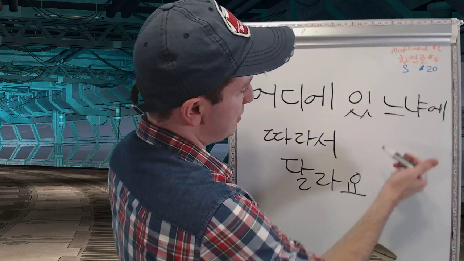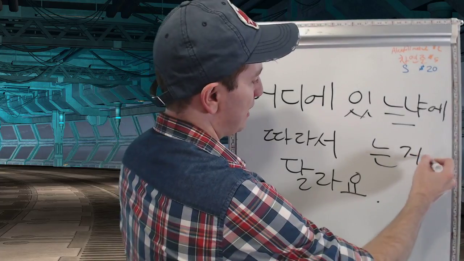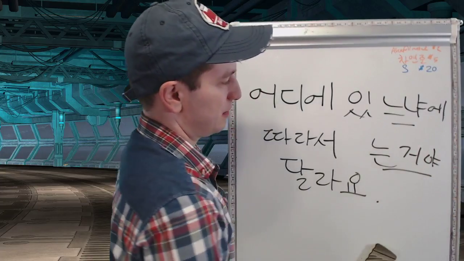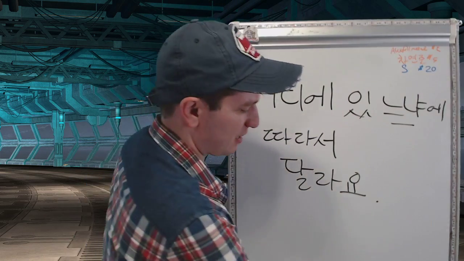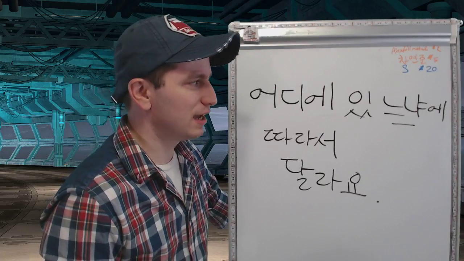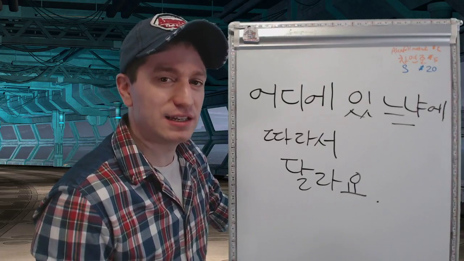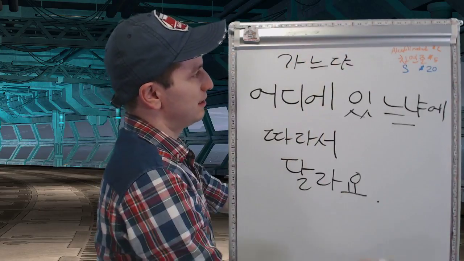This 느냐, you'll see it. It's an older ending. It's just a 는 거야 kind of ending, an older Korean form. Some songs use it, like the song Mountain Rabbit. 산 토끼 토끼야 어디를 가느냐. That's 가는, from 가다, 가느냐. That's the same thing.